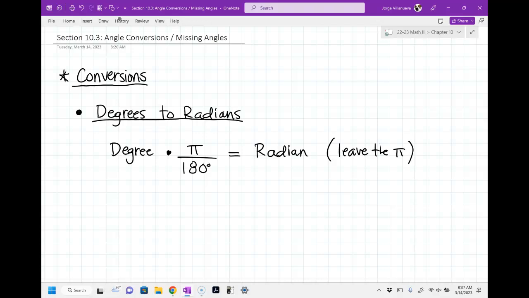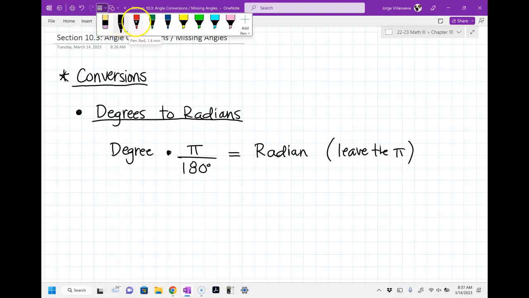So your answer might be 2 pi or half pi, 3 pi over 2, okay? So leave your answer in terms of pi. So for degrees to radians, get your degree, multiply it times pi over 180, and that's going to give you your radian.